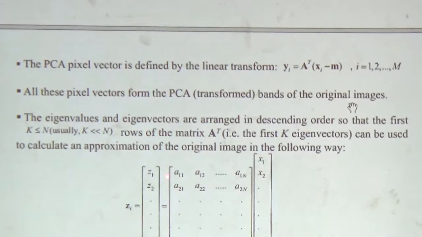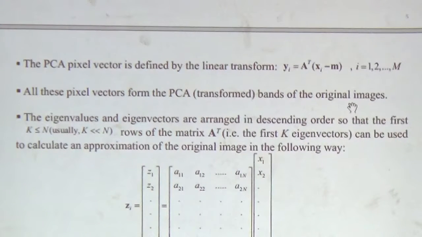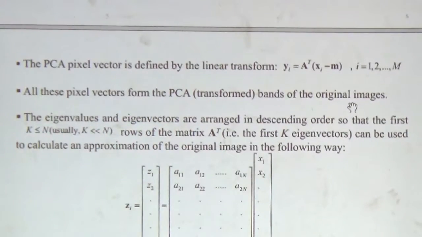What have I done? I have taken these rows, which are the eigenvectors in the A matrix, and I have kept only K rows. That means I have removed the eigenvectors beyond this. All eigenvectors corresponding to eigenvalues beyond lambda k are removed.